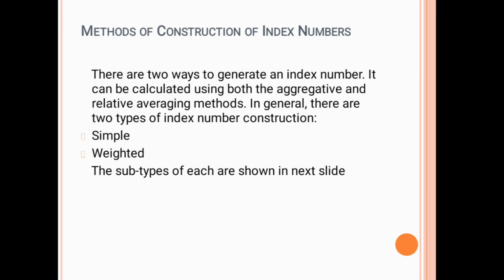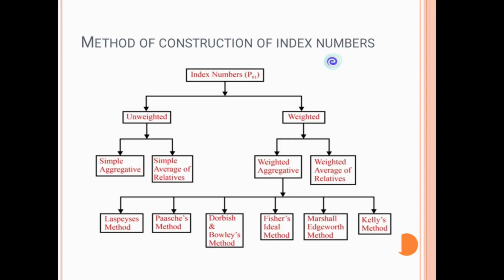The subtypes of each are, so here you can see, the unweighted index numbers, that is simple aggregative or simple average of relatives, and weighted index numbers are weighted aggregative and weighted average of relative methods.